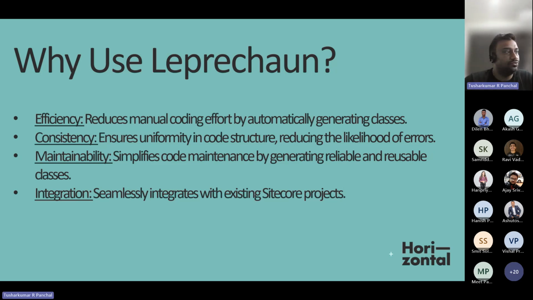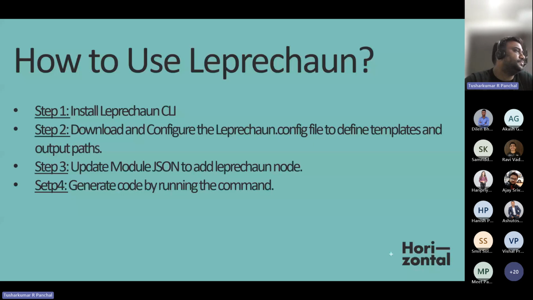Now let me go to the next slide. How to use Leprechaun? There are four simple steps we need to follow, and then Leprechaun will be set up in our system. The first step is to install Leprechaun.